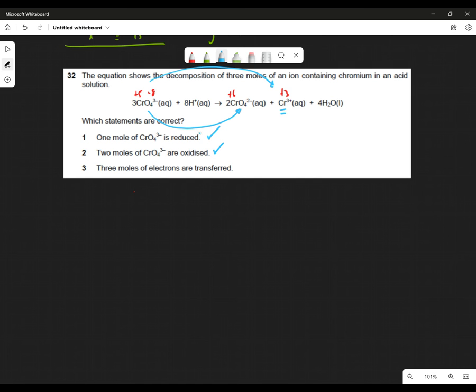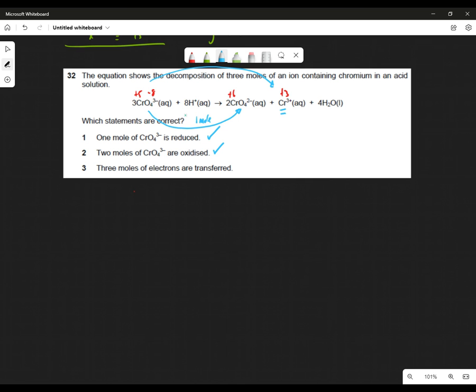3 moles of electrons are transferred. No, that's not true, is it? Because going from +5 to +6, there's 1 mole of electrons transferred there. I'm not saying if it was given or taken away, but there's 1 mole of electrons there.